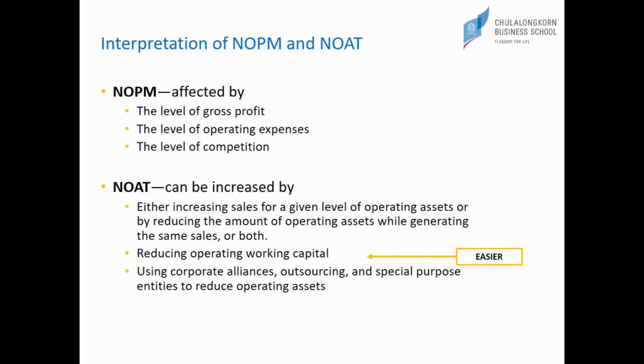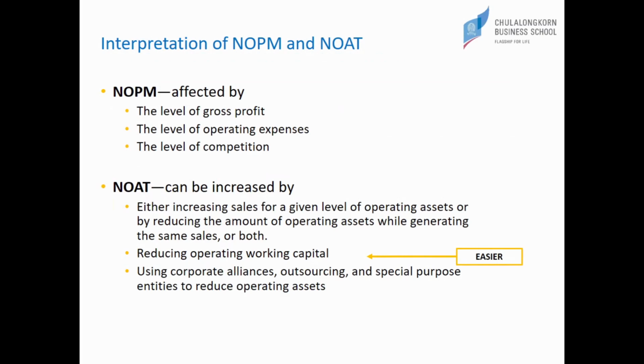In order to manage this NOPM, the managers would have to focus, just like the profit margin earlier, on the price settings and the cost of goods sold. And if there's some competition, you also have to take that into account because competition is a big driving factor of firm profitability. As we know, when competition is high, the company may have to cut down on their prices or do something to stay ahead of their competitors.